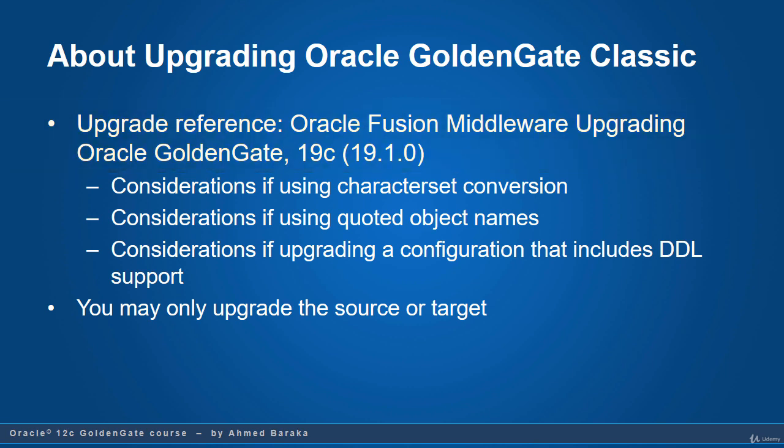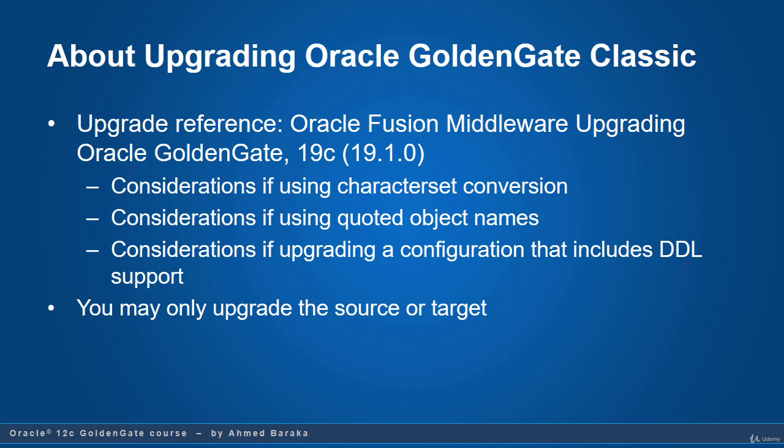In this lecture, we will discuss the procedure of upgrading GoldenGate from 12C to 19C. However, more steps should be undertaken in the following cases: if character set conversion is being used in the existing system, if the codes are used with object names in the process parameter files, or if the existing configuration includes DDL support. The documentation explains what further we have to do in the mentioned cases.